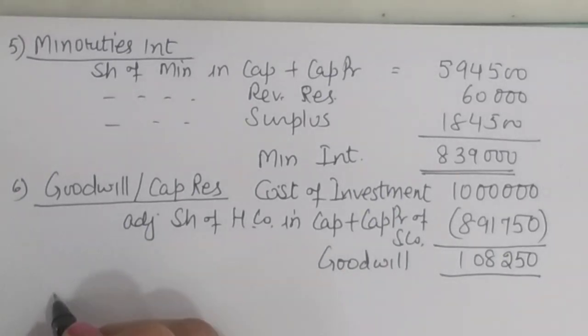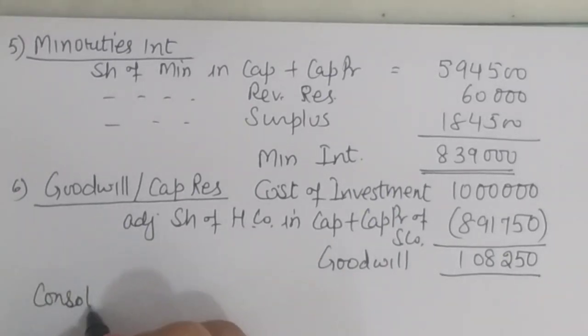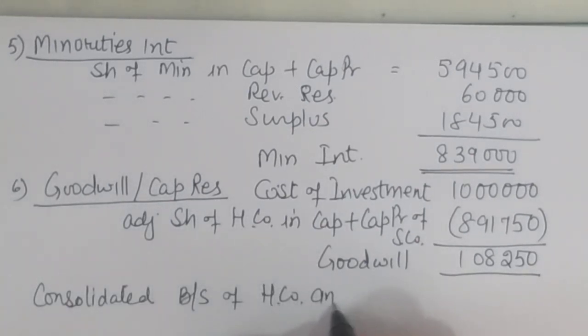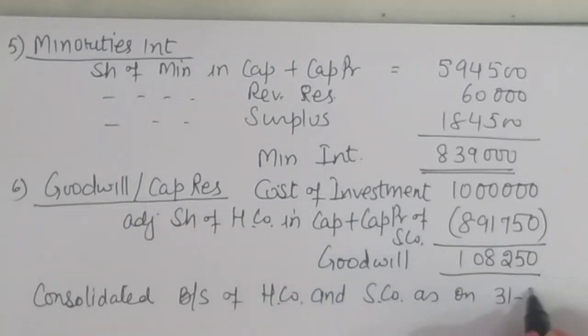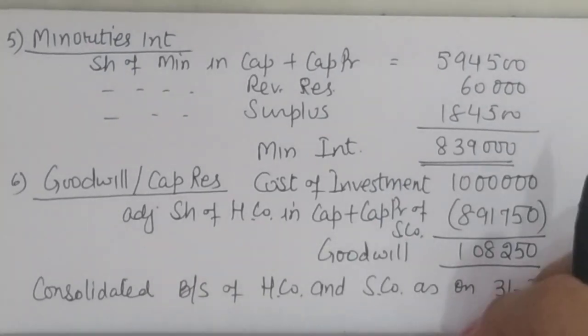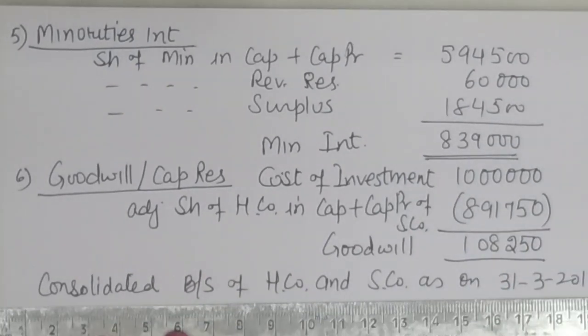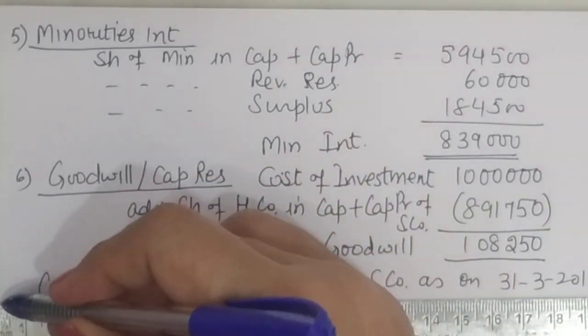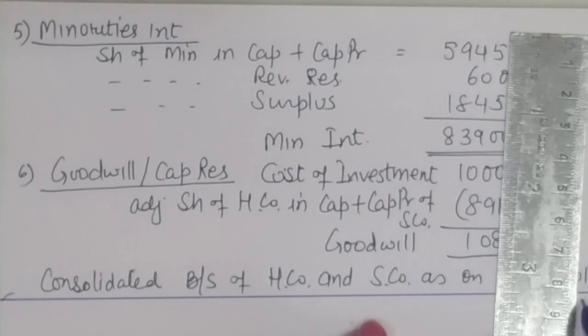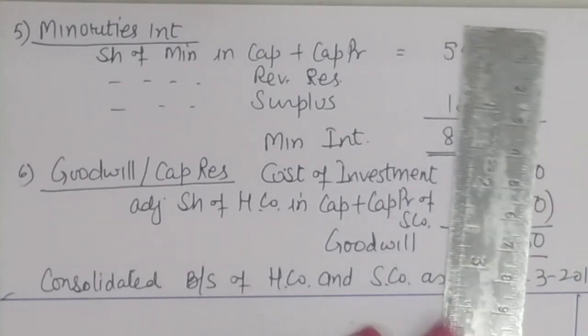Now we are to prepare the consolidated balance sheet of the holding company and its subsidiary company on the given date, that is 31st of March 2018. So make a format for the same. This step is fairly easy because we are just to prepare the format.